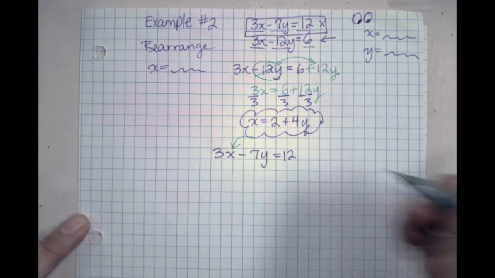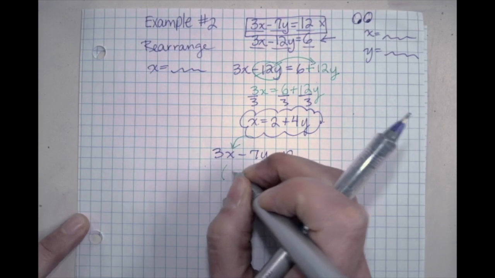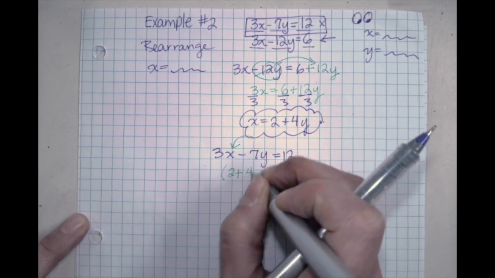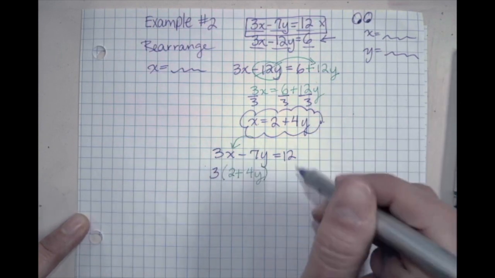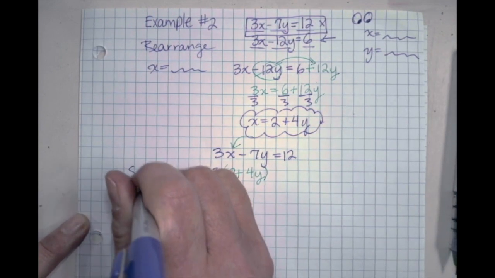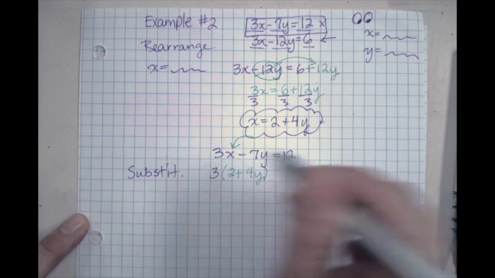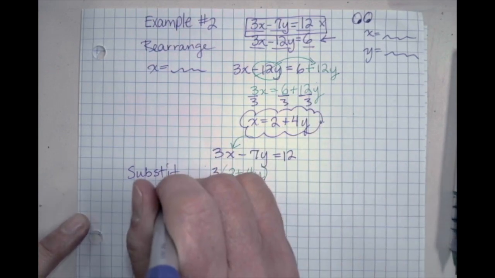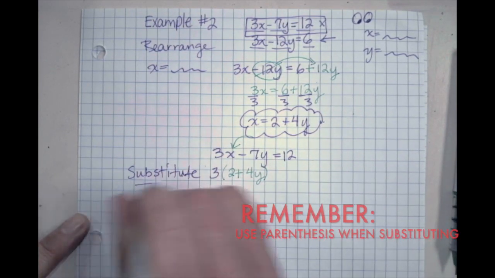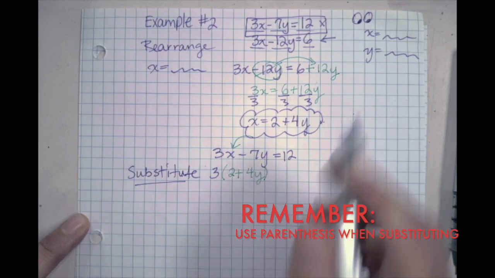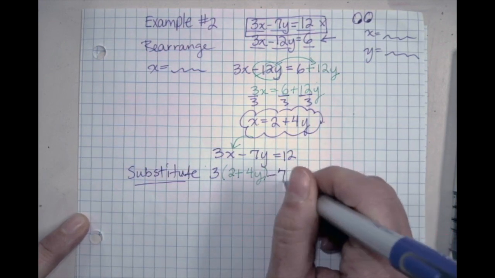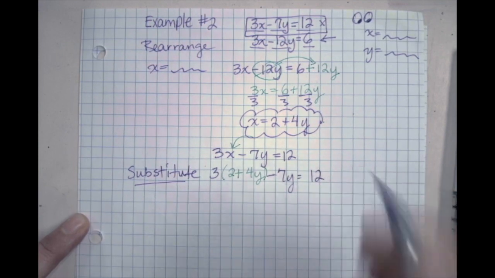X is 2 plus 4y. So when I rewrite this and substitute this 2 plus 4y for that x, I'm just going to write the rest of my equation the way I see it.